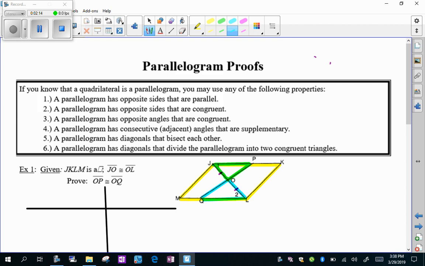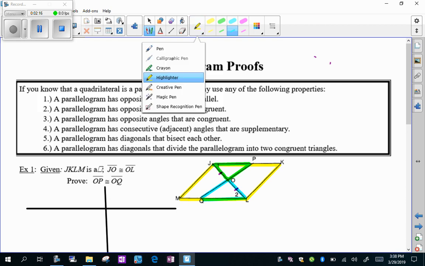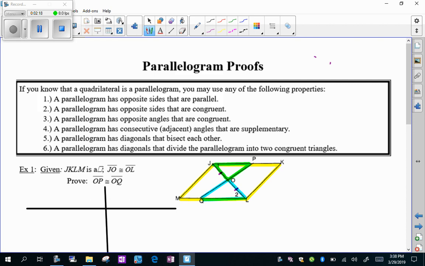Now, let's break apart or mark up some other information, because that's the way we should approach these proofs. Well, we know that angle 3 and angle 4 are congruent, because they're vertical angles. What else do we know?